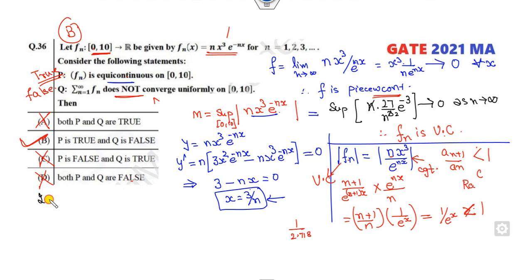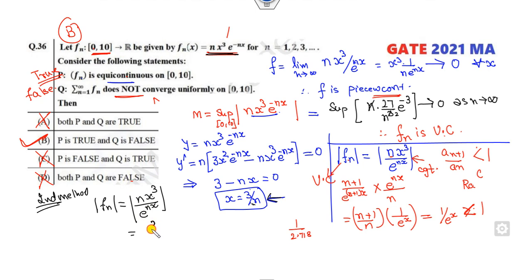There is one more method that quickly comes to my mind right now. Instead of the root test, you can apply the ratio test as well. But you can see Fn is nx cube over e raised to power nx. Now we have seen the function will give you the maximum value at 3 by n. So I can substitute here.